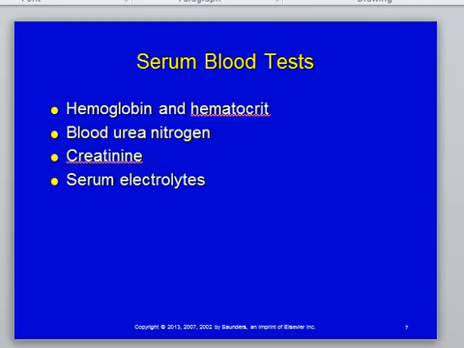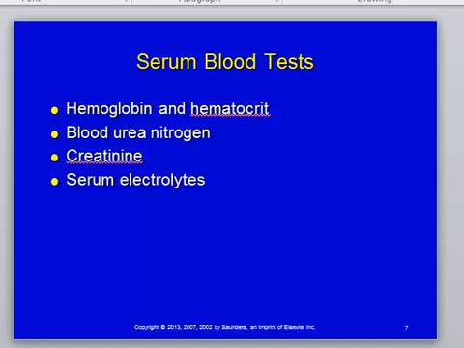These are the serum blood tests that may be done. We've already talked about BUN and creatinine, and we haven't talked too much about serum electrolytes, but as you remember, the functions of the kidney include the production of renin, which helps with the regulation of blood pressure, and release of renin is stimulated primarily by the decreased pressure in the afferent arterioles of the glomerulus.